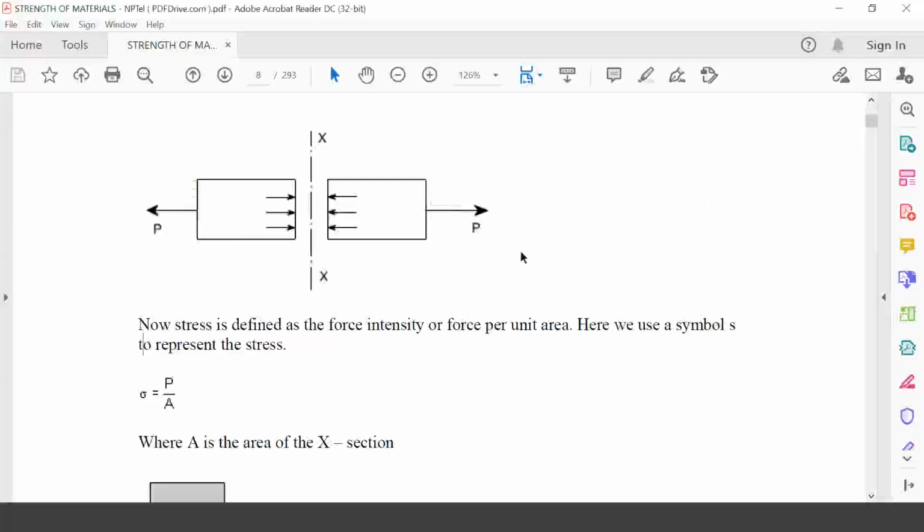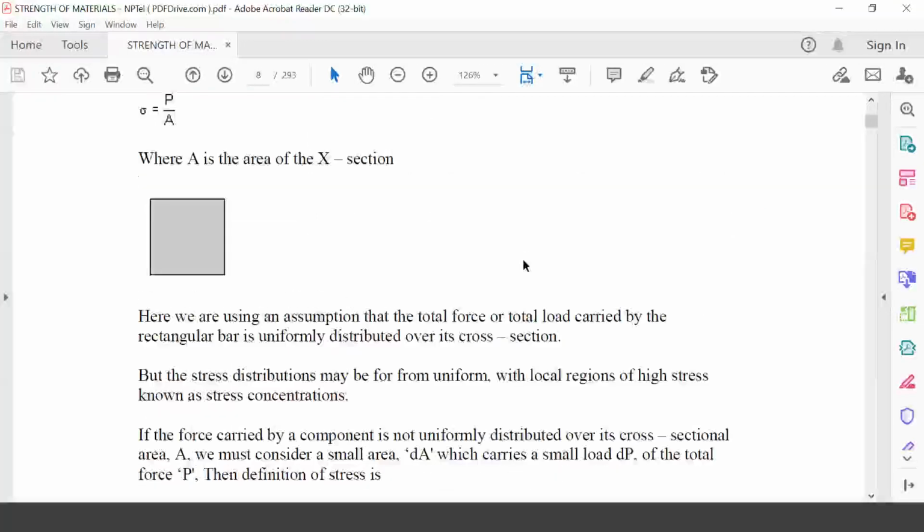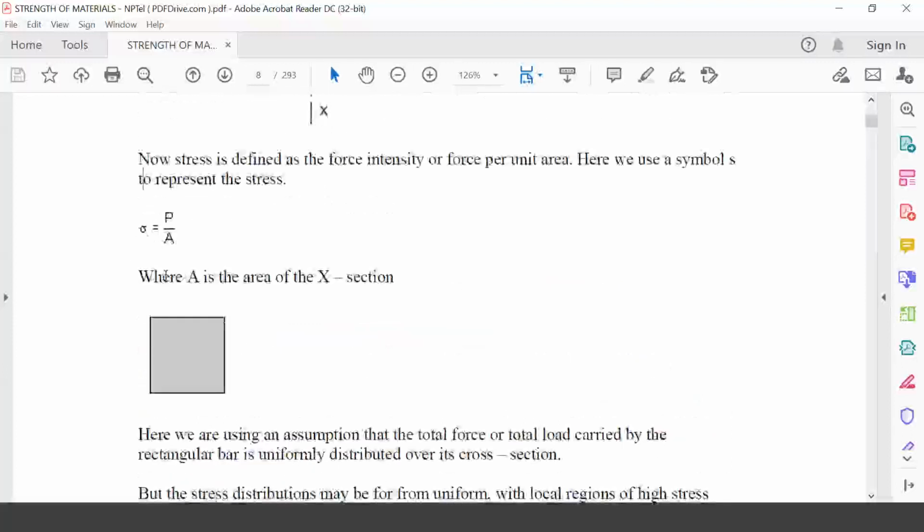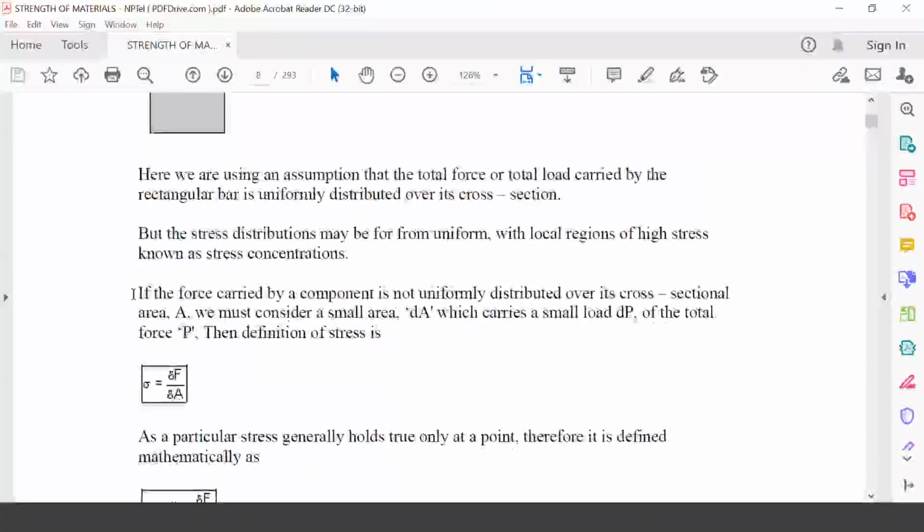So now we are assuming here that the total force or the total load that is carried by the rectangular bar is uniformly distributed over the section. The force P, though we are showing it from a single point here, is assumed to be acting uniformly like this.